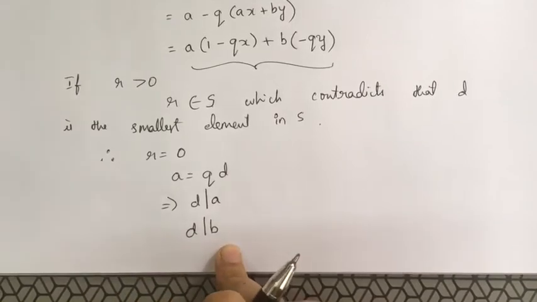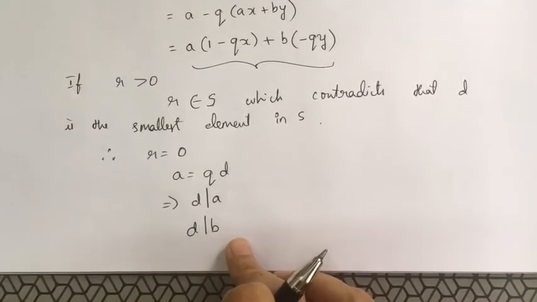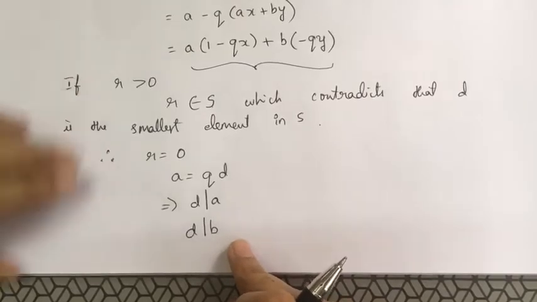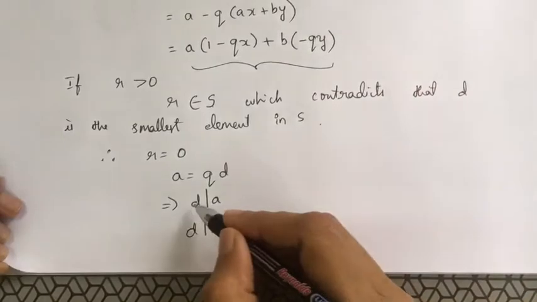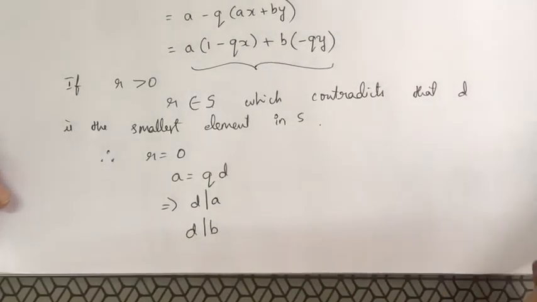This is not enough to say that D is the GCD of A and B. I have to check whether another common divisor exists; then that must be less than or equal to D. I have to prove that second part.